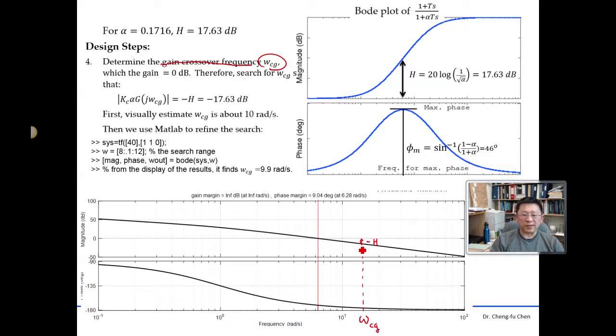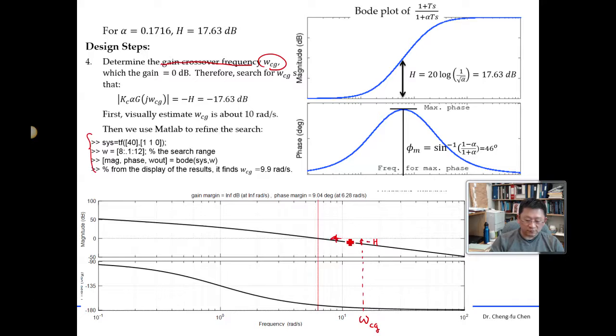This one needs to be a little more rigorous, so here is the MATLAB code I made for you. Roughly, by bare eyes, if you put the scales carefully, minus 17 is about in this range.